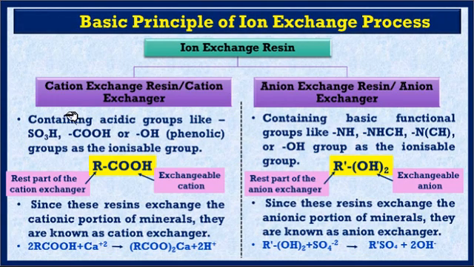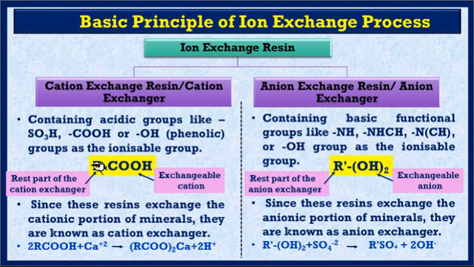Basically, the cation exchange resin is also known as the cation exchanger. These resins contain acidic groups like the sulfonic group SO3H, the carboxylic acid group COOH, or the phenolic group as the ionizable group.